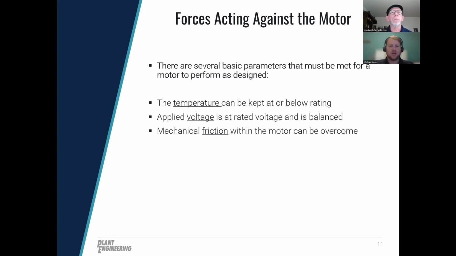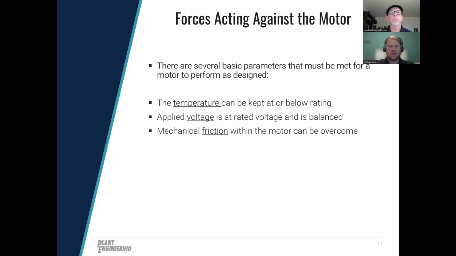The voltage on the input of the motor leads should also be well balanced and as close to the nameplate rating as possible. The balance really comes in for 3-phase motors. Single phase motors just have the 1 voltage, but we're going to be focused primarily on industrial size AC induction machines, or maybe some smaller or larger commercial applications.